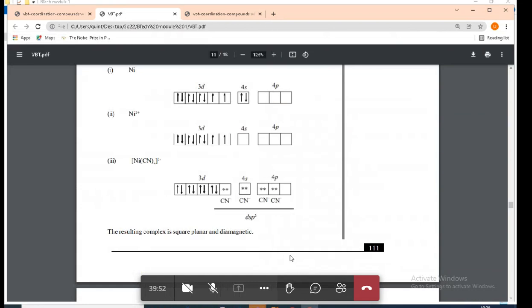It does not explain the color exhibited by coordination compounds. The compounds are very colorful. We know that a compound appears colored because it absorbs certain radiation in the visible range. Suppose it absorbs in the violet range, then the color that is reflected, the complementary color, is what the complex will look like.